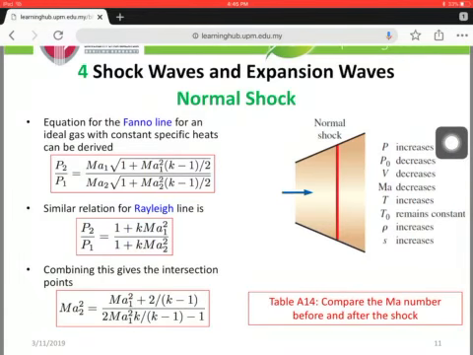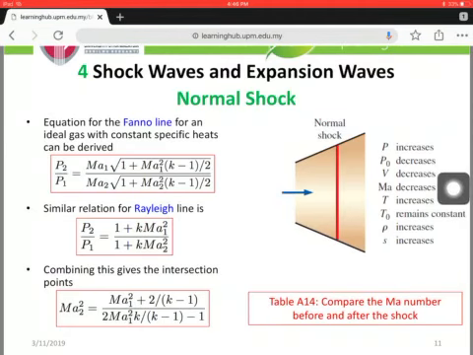For example, if you look here, the pressure will increase because the speed is decreasing, but the stagnation pressure will decrease. You have learned about that, so you can do revision on why it decreases. And also, of course, the speed decreases.